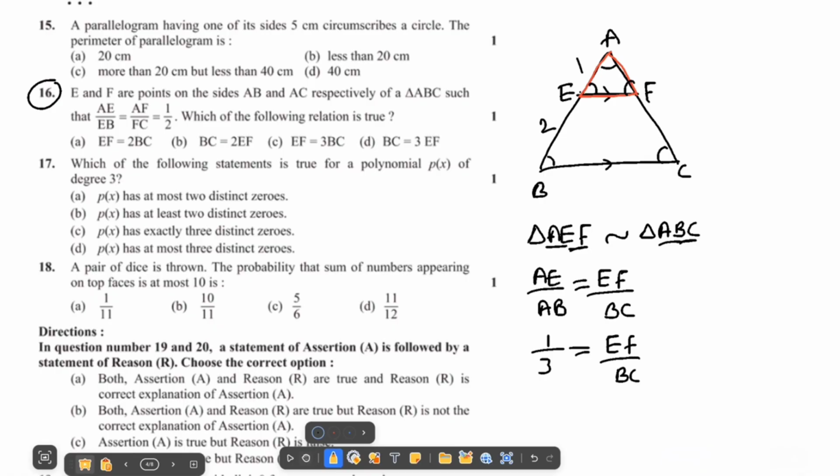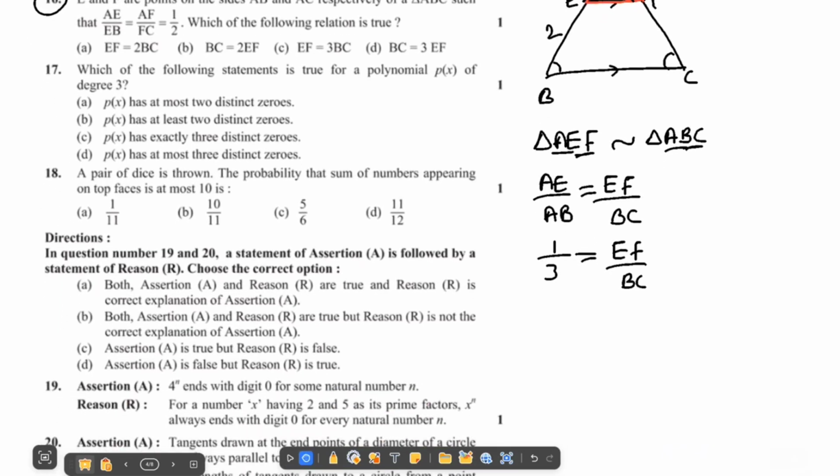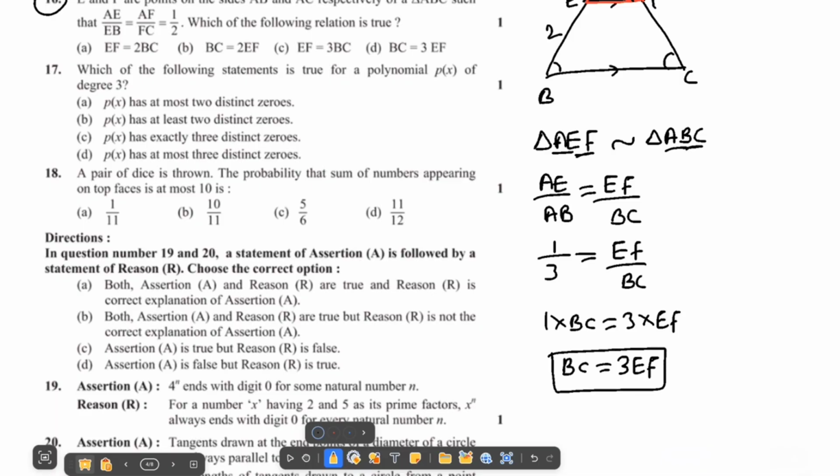Now if you bring BC to the left side and send 3 to the right side, 1 into BC is equal to 3 into EF. So BC is equal to 3 times EF. So option D is right.